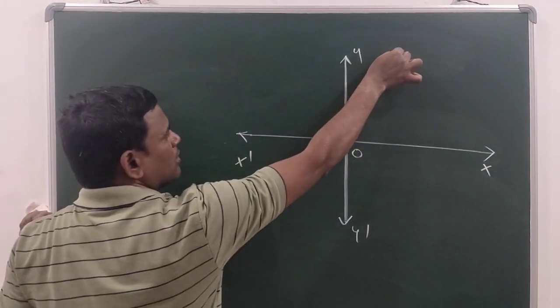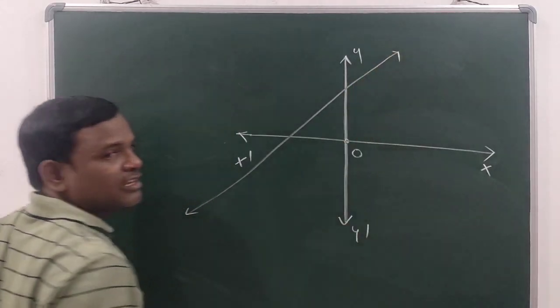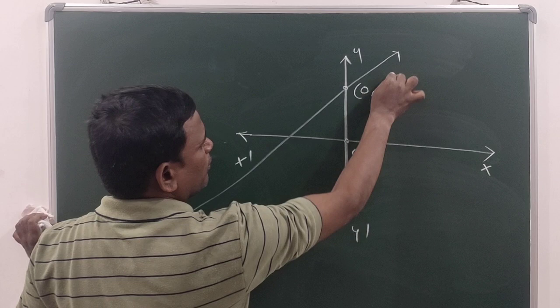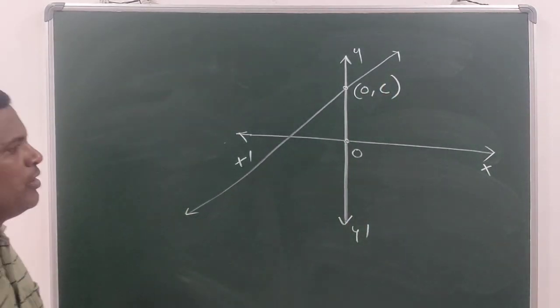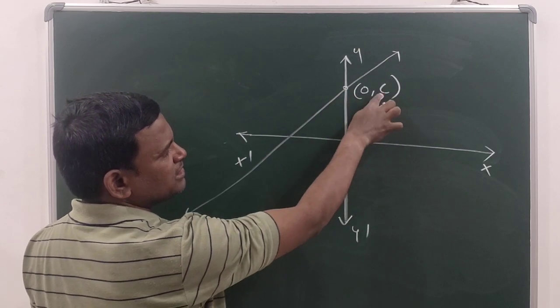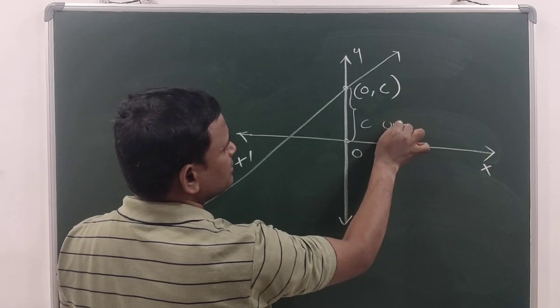Now see, this is one line. It is intersecting y axis at one point. Let us consider this point coordinates 0 comma c. The distance from 0 to this point of intersection is c units.